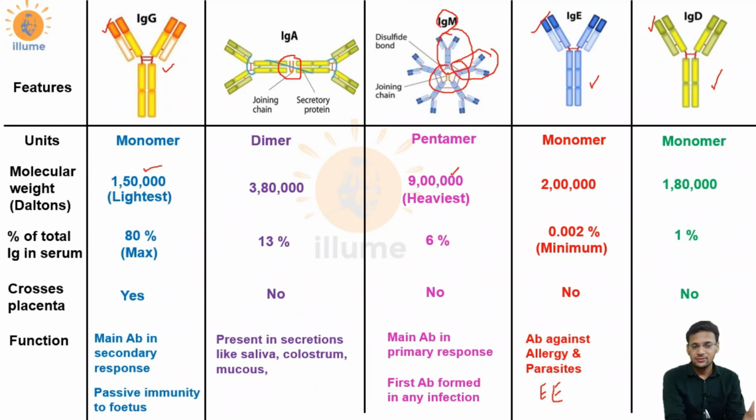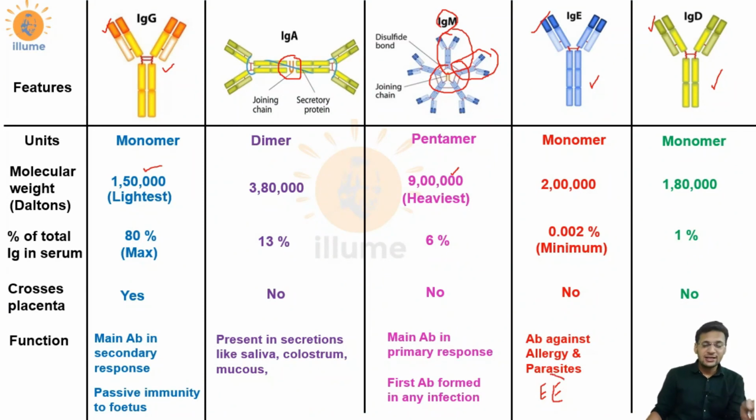But here, when I am talking about allergy and parasites, I am talking about helminths, that is flatworms and roundworms. So IgE would fight against any kind of helminthic infection, roundworm or flatworm infection.